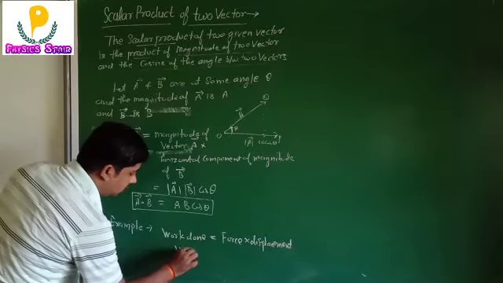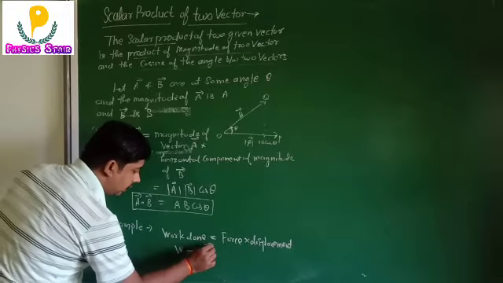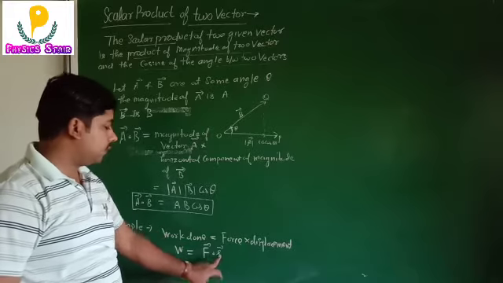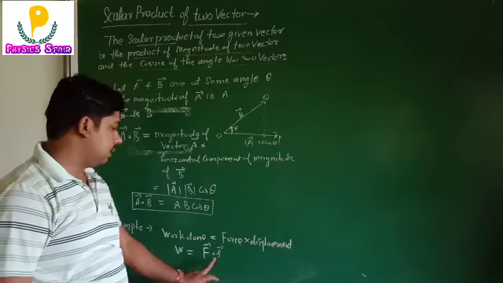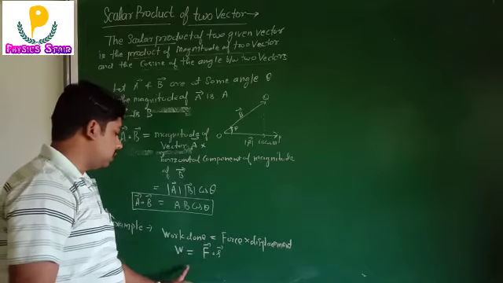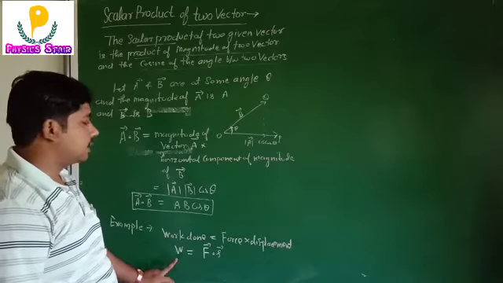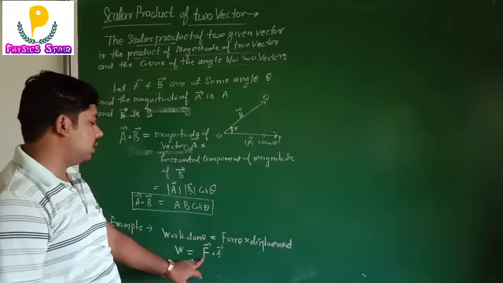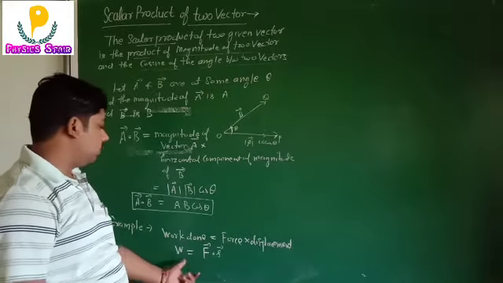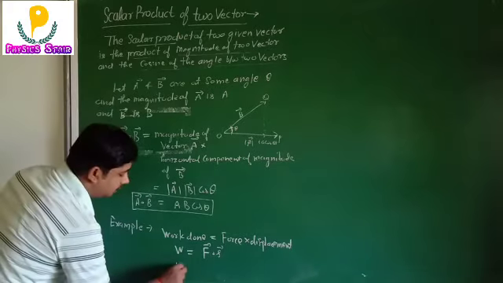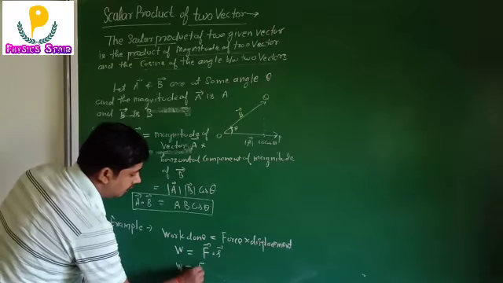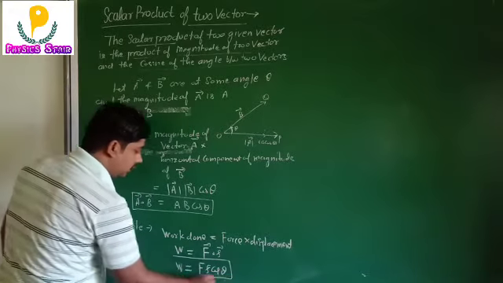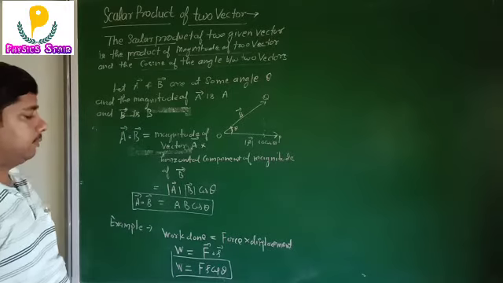So work done, W is equal to the vector F dot vector S. Here these are the two vectors, vector F and vector S, and its product as a resultant is a scalar quantity, because you know work is a scalar quantity. So that's why this is the scalar product. So W is equal to Fs, and if we consider the work done in terms of their component, this will be Fs cos theta. So this is the work done, which is a scalar quantity.